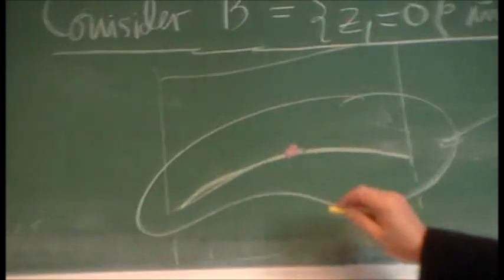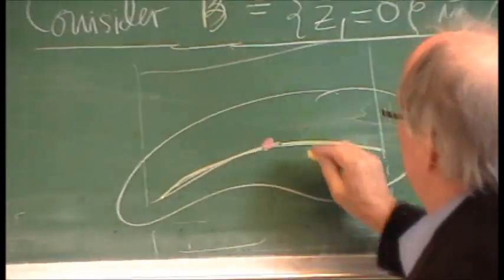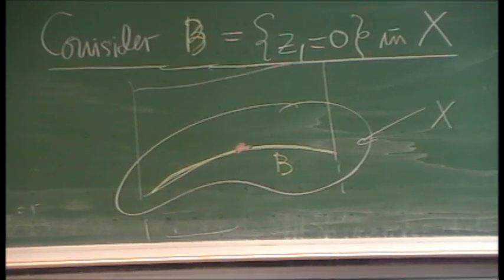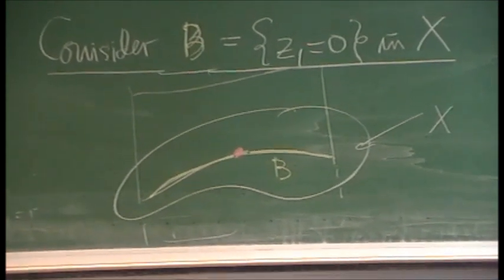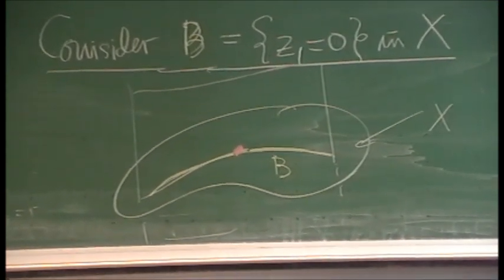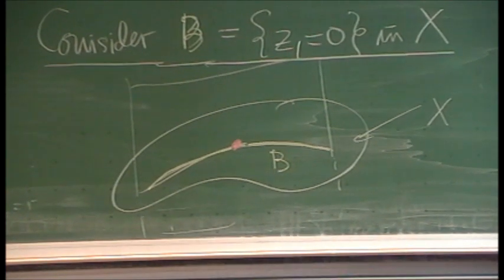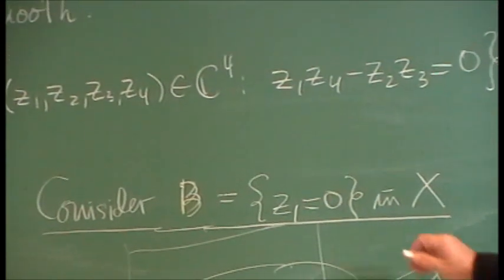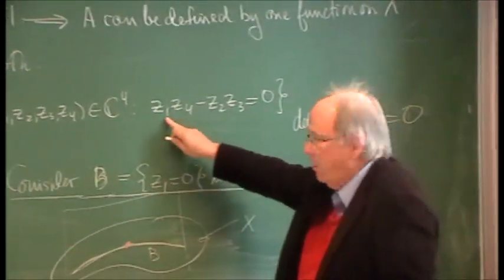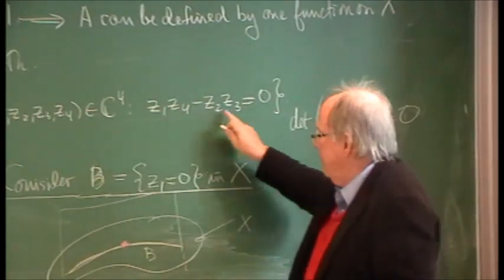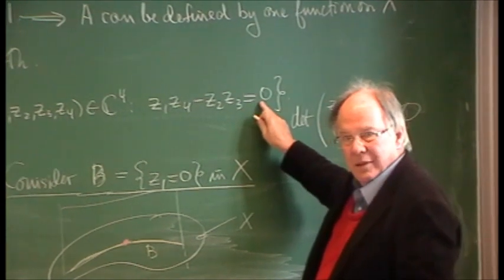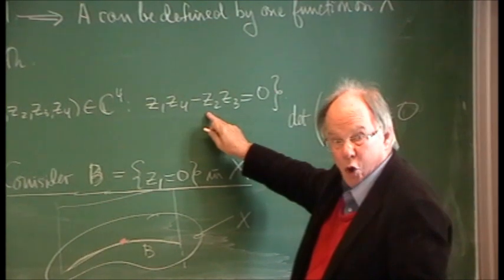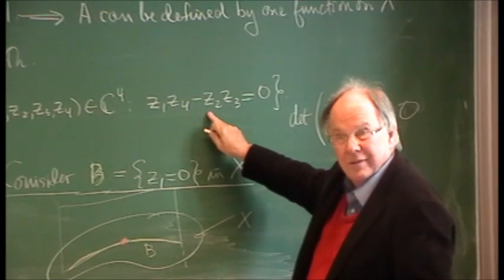B. Okay. Well, it doesn't take a genius. You don't need to think about the local ring here or something. All you need to do is to say, well, if Z1 is equal to 0, and you're in this cone, then it means that either Z2 is 0 or Z3 is 0.